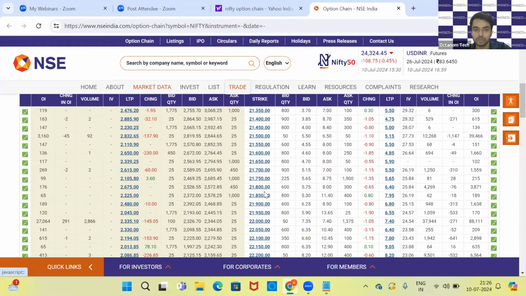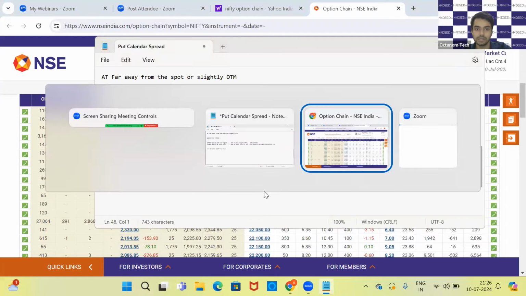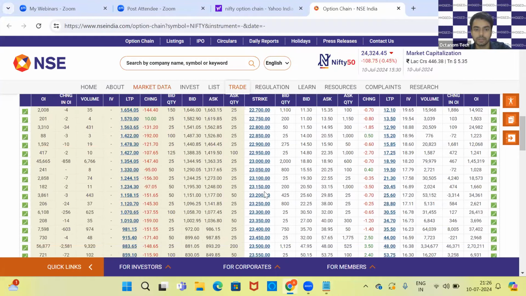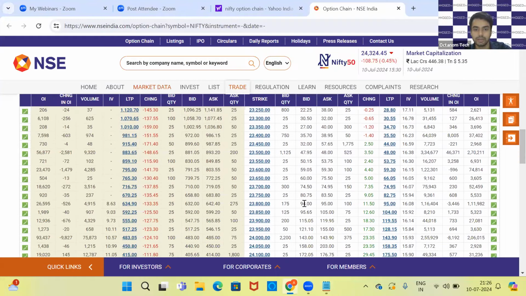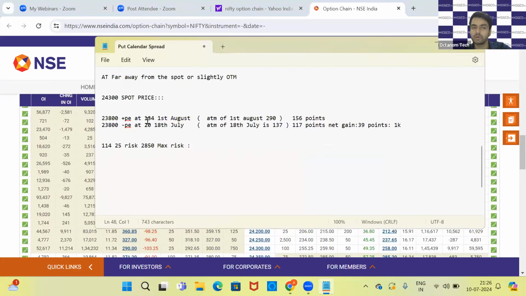For our reference value, our 23,800 is at 95. So I'm going to lose around 11 points if Nifty remains sideways. Wherever Nifty is trading right now, I'm going to lose around 10 to 11 points, right?